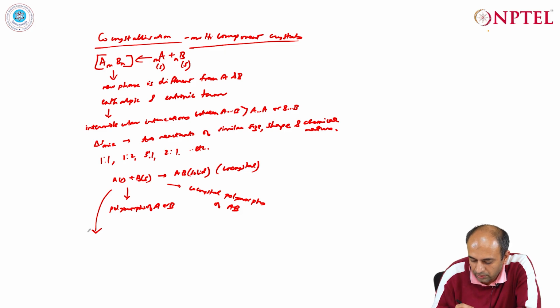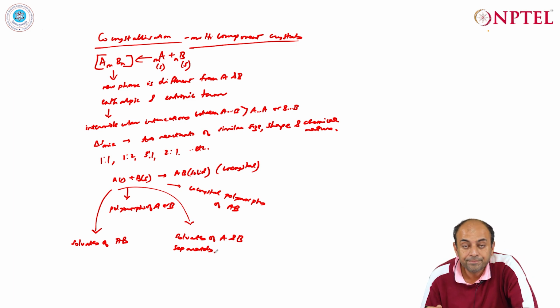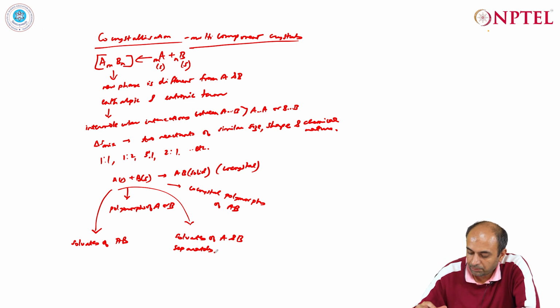Then there is also a possibility that once you have prepared the AB solid, you want to recrystallize it, and that is the time when you can have solvates of AB. You can also have solvates of A and B separately. So, this expands the solid state diversity domain of AB with respect to A or B.